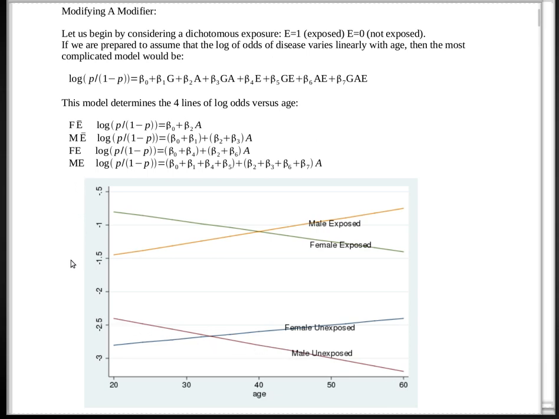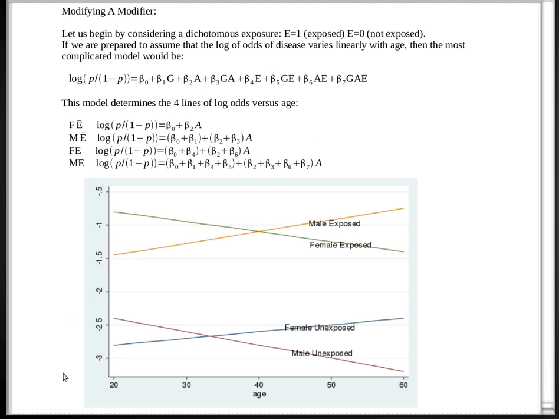And remember, the vertical scale here is the log of the odds of disease. What does that mean? Well, we saw in session 5 that it is the vertical distance between those two lines for any age that gives us the log of the odds ratio.